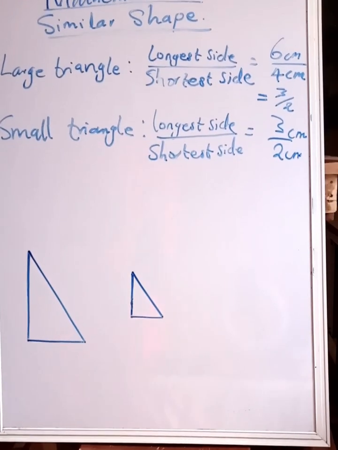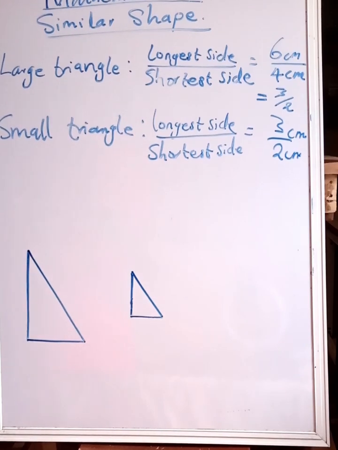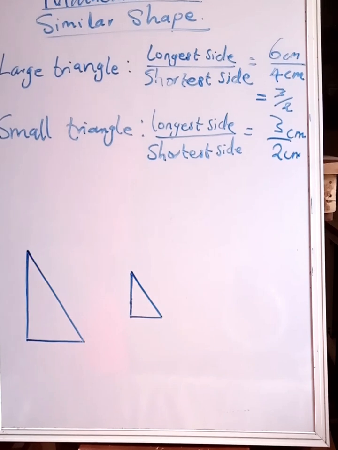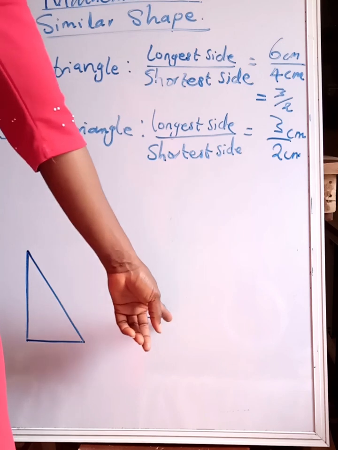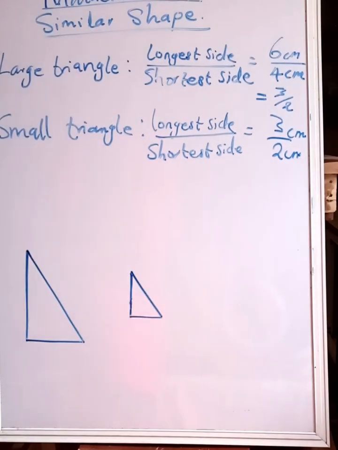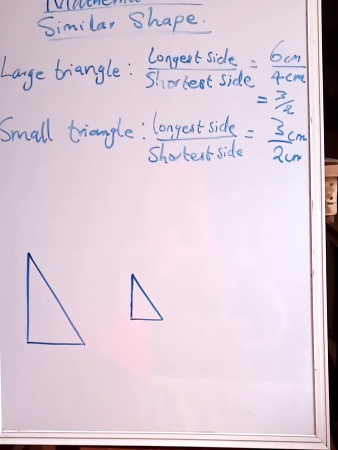For the triangle, the longest side by measurement is 6 cm and the shortest side by measurement is 4 cm. For the smaller triangle, the longest side by measurement is 3 cm while the shortest side is 2 cm. Now let's find the ratio of the longest side to the shortest side.